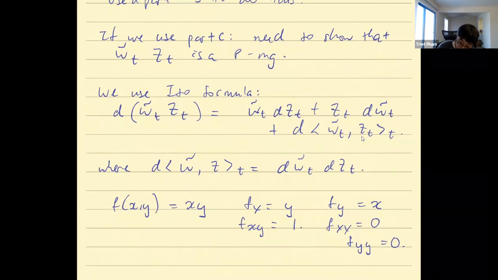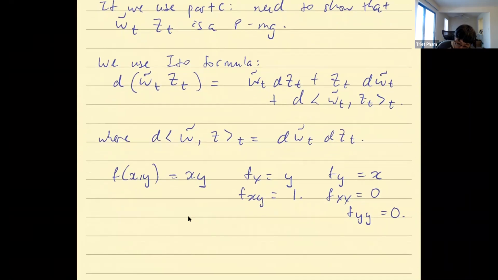Well, but what do I know? What I know is that this part is a martingale. Why? Because Z T is a martingale. Let me do this.